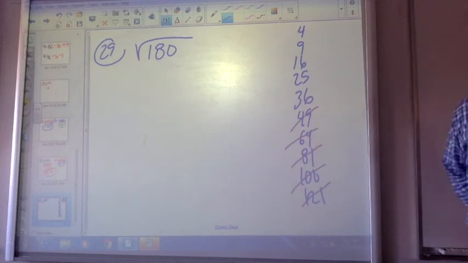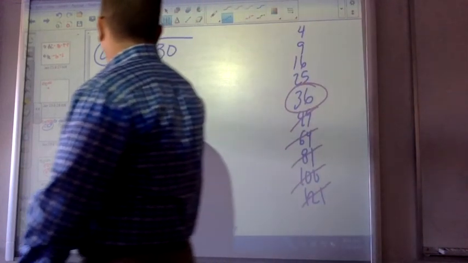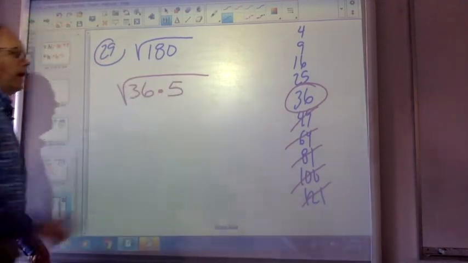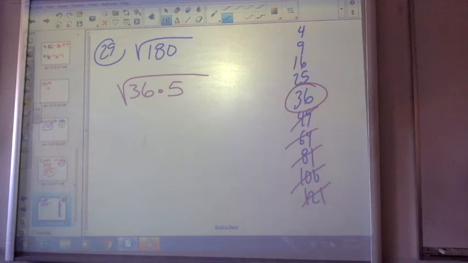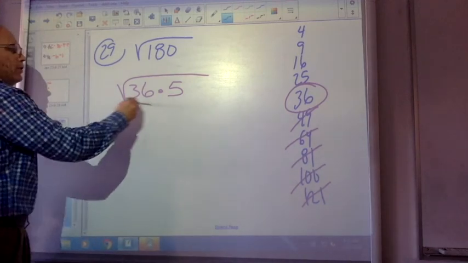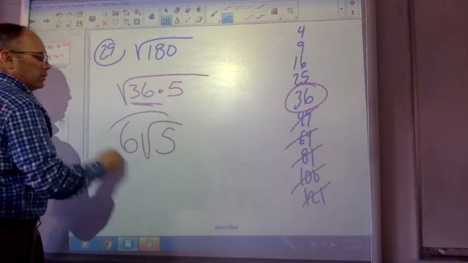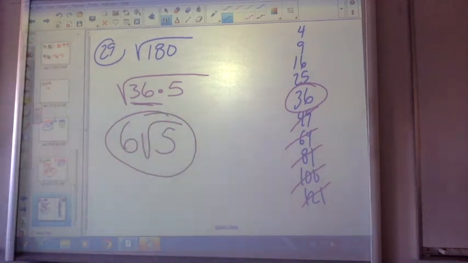How about 36? 180 divided by 36 is how much? It's 5? Oh, okay. So 36 times 5. Feel okay with that? What's the square root of 36? 6. 6 square root of 5 is my answer.